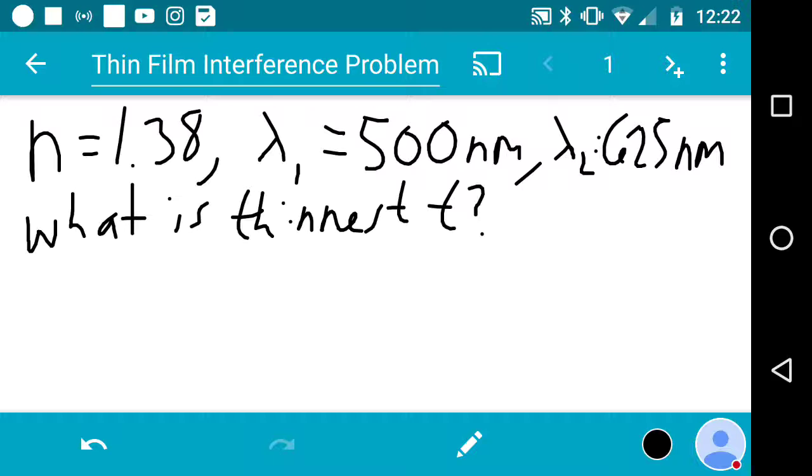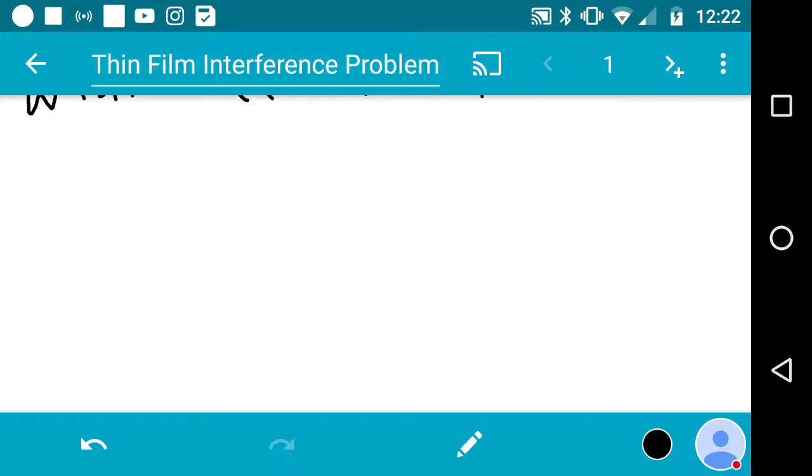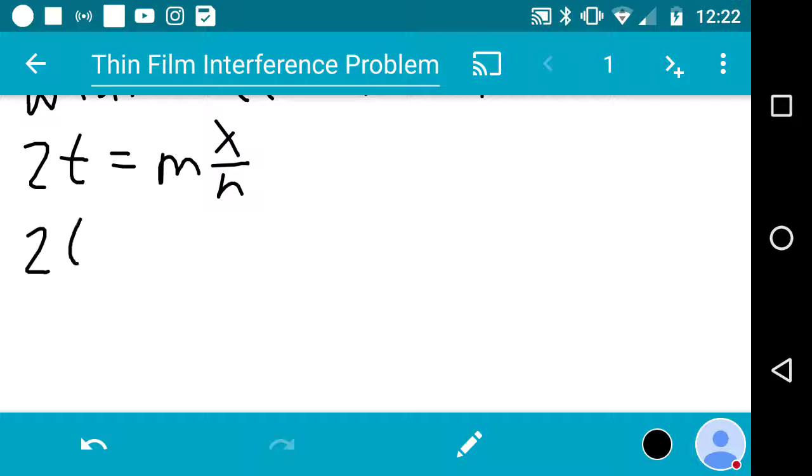So the first thing we're going to want to do is take a look at our thin film interference equations and figure out which ones we're working with. So we have two equations. We have 2t, twice our thickness, is equal to m lambda over n, and we have 2t is equal to m plus 1/2 lambda over n.